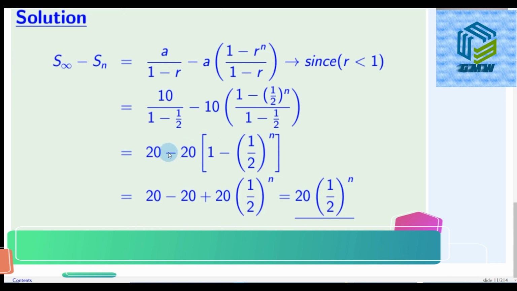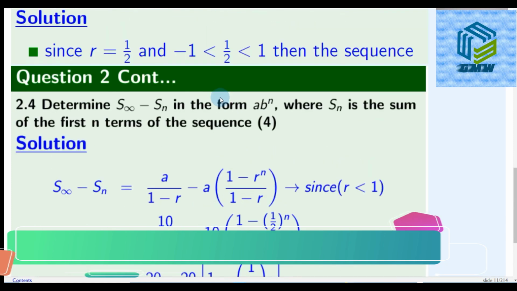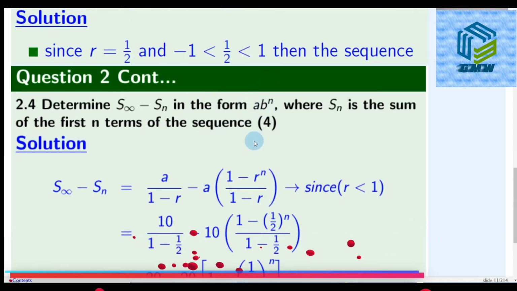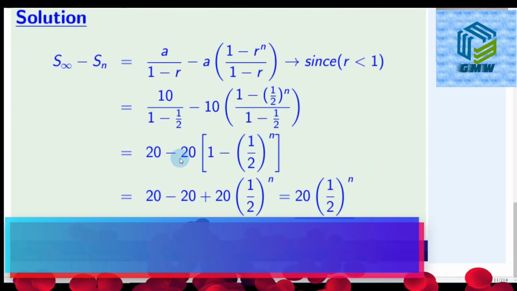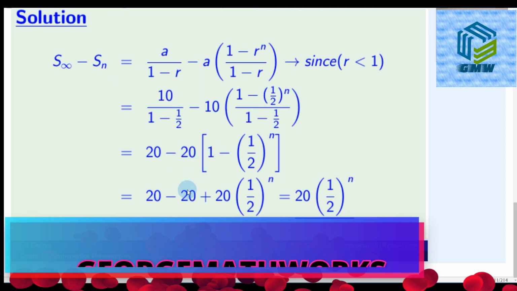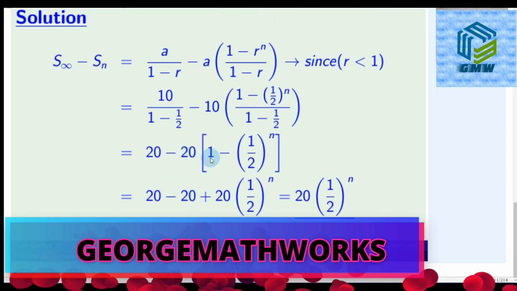Now, having done this, I can expand this 20, I can multiply everything inside here by this 20 to simplify. Remember, I know my format of the solution should be this. So negative 20 times 1, that's negative 20. Negative times negative, you get positive 20, but you cannot multiply 20 into this because this is still raised to another power n.